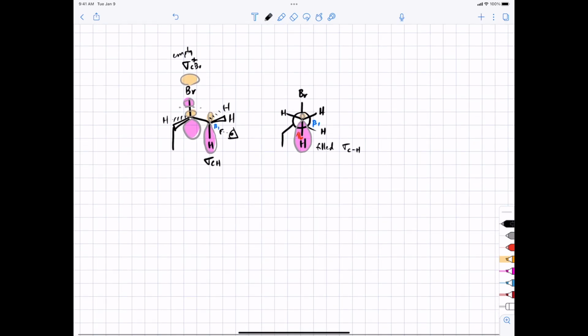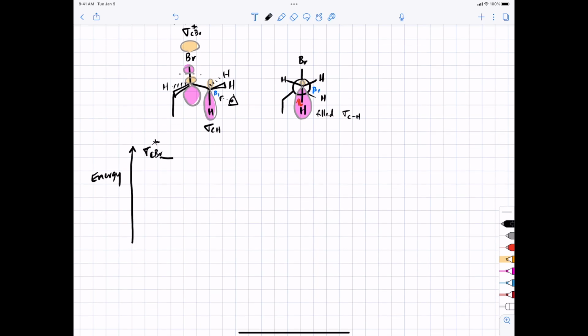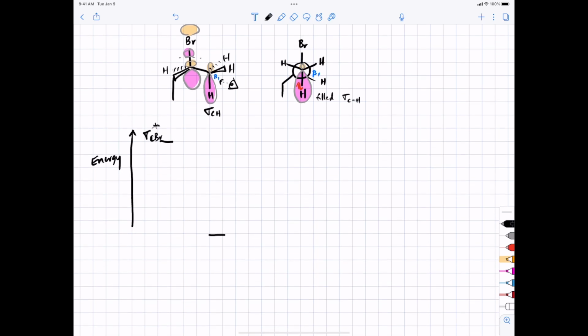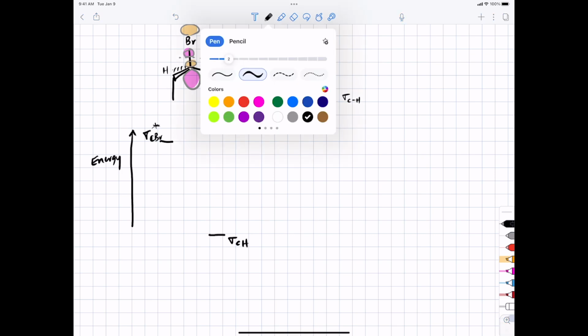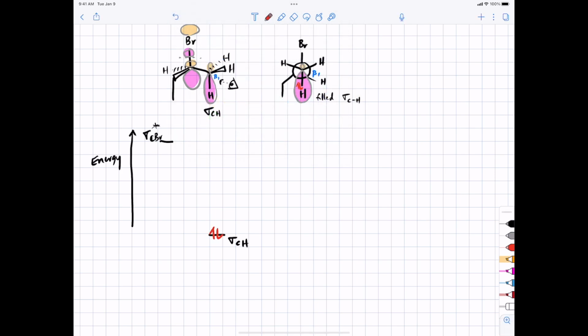And you can think of what's going on here in sort of an MO energy diagram like we've done previously. The carbon-bromide sigma star would be up here, high in energy. The carbon-hydrogen sigma on the adjacent beta carbon will be here, and it's got electrons in it.